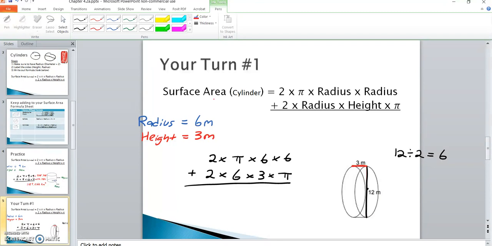Alright, if you punched into your calculator the very first line, 2 times pi times 6 times 6 is equal to 226.194.